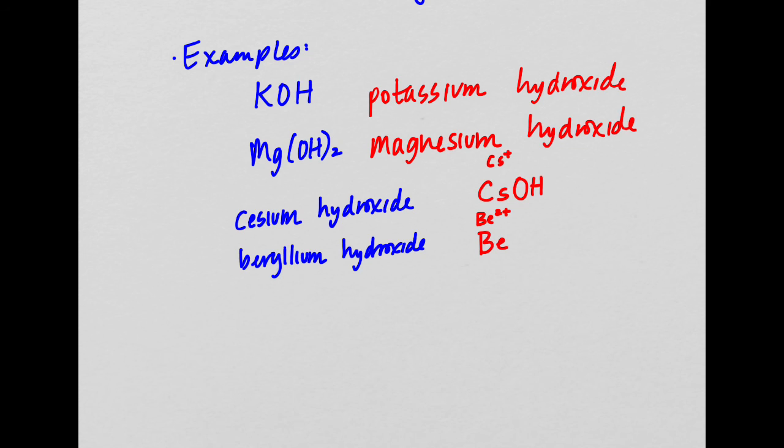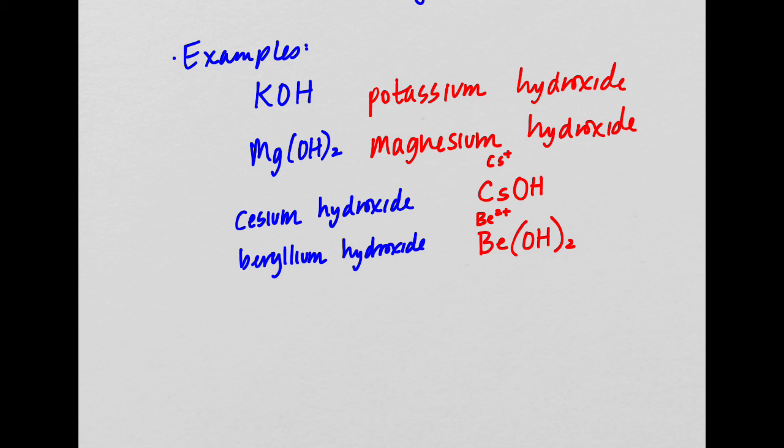How many hydroxides do I need in order to balance that 2+ charge on the beryllium? I need 2 hydroxides, and I have to write it in parentheses. I cannot write BeOH2 because this means there's 1 oxygen and 1 hydrogen and then 2 hydrogens. This is not right. We cannot write it like this. So if you forget the parentheses, you'll get it wrong on your quiz for sure.